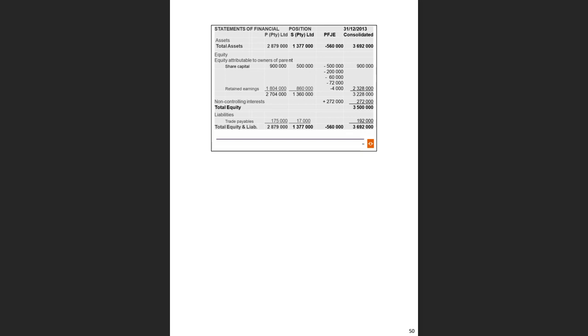For total assets and total equity and liabilities, you have negative 560,000, negative 550. Okay, 560. I wonder if some of the signs could be wrong. Are you adding in the non-controlling interest as well, of 272,000? I'm going to add the differences quickly. Sure.